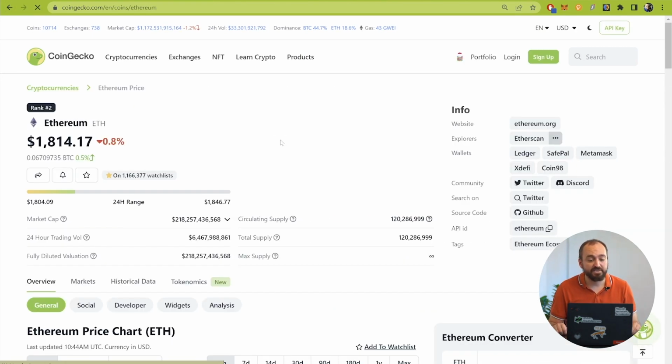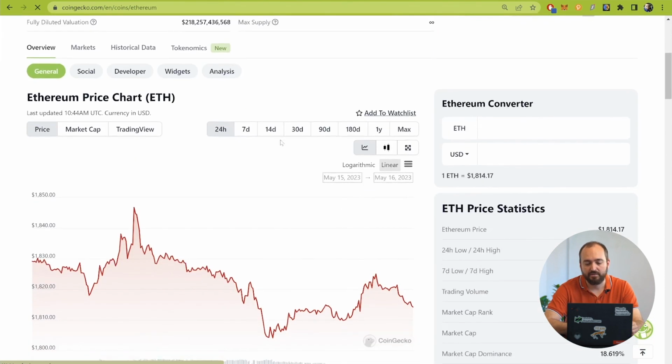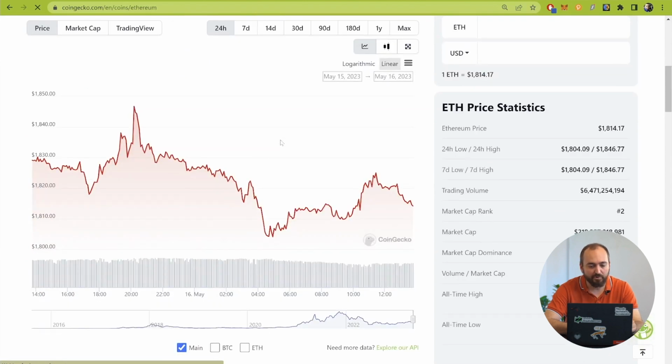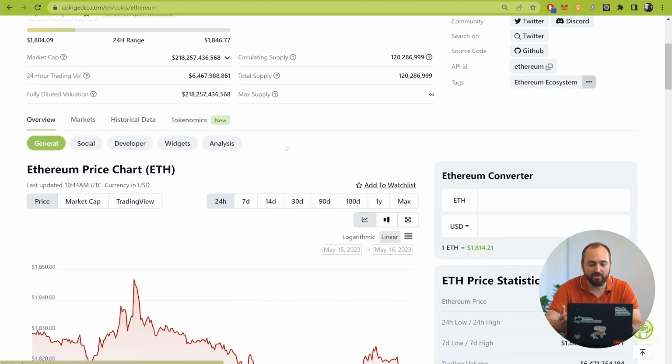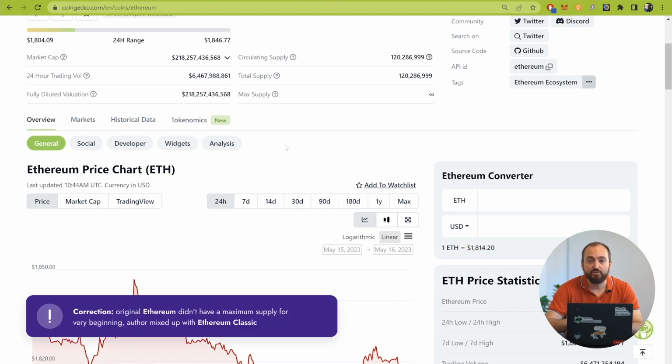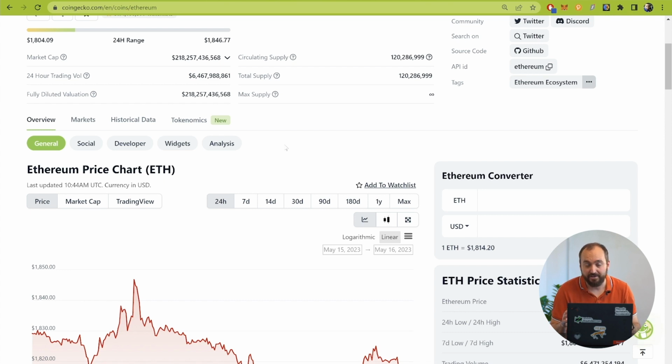On the Coingecko website, we can see the information about the Ethereum price, the history of the price, and some additional information about the market cap, circulating supply, total supply, but there is no maximum supply for Ethereum, because Ethereum changed its mining process, and right now there is no limit on the number of Ethereum coins. I will show you later.